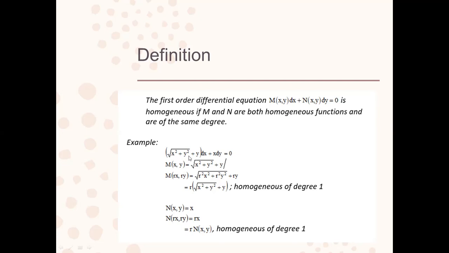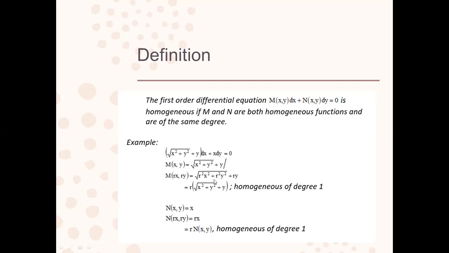Since this is second degree, but it's under a radical sign, the square root sign, then this x squared and y squared could be viewed to be also raised to the power 1/2. And as such, if you're going to multiply x and y by a particular variable, let's say r, then this will be r squared x squared, and this would be r squared y squared, and this x here would be rx.